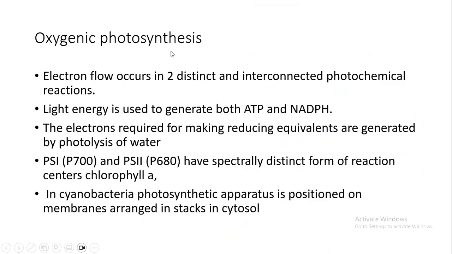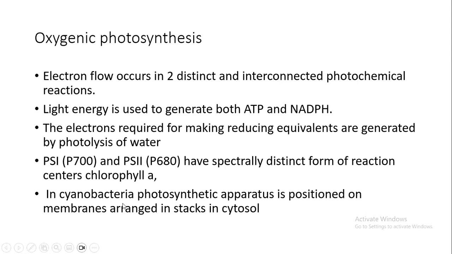Now, in case of oxygenic photosynthesis, electron transfer will take place to two different reaction centers, photosystem 1 and 2. So the two photosystems are involved here, which are spatially separated from each other. Here, ATP generation and reducing equivalent formation are the main purpose of oxygenic photosynthesis.